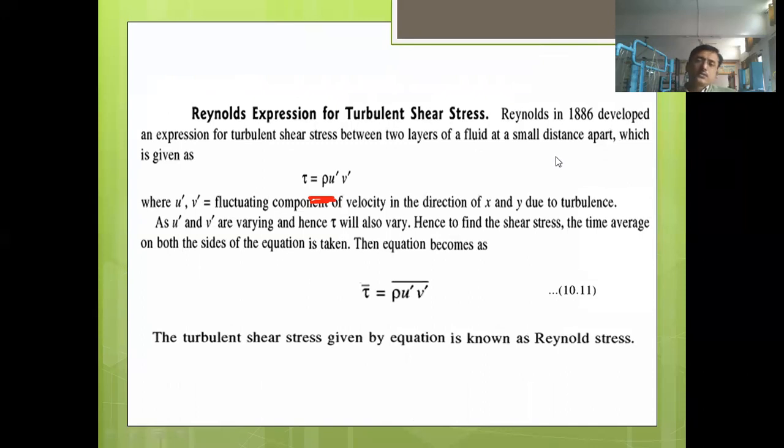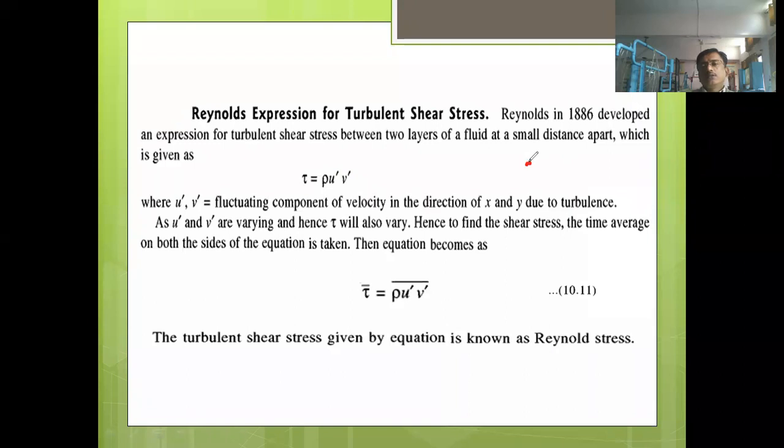Okay, then other scientists have worked on it. Reynolds, in 1886, developed an expression for the turbulent shear stress between two layers of the fluid at a small distance apart, which is given as tau is equal to rho into u dash into v dash. What is this u dash v dash? U dash and v dash are the fluctuating components of velocity in the direction of x and y due to the turbulence.